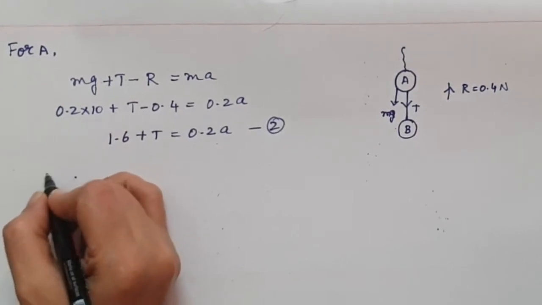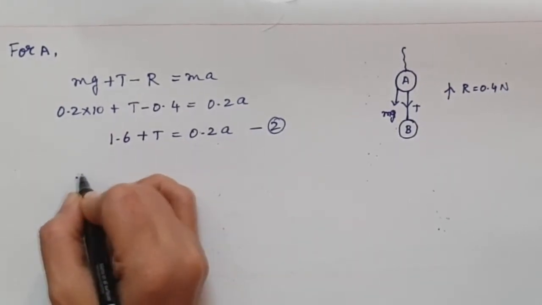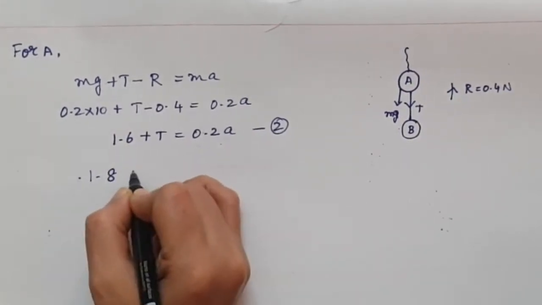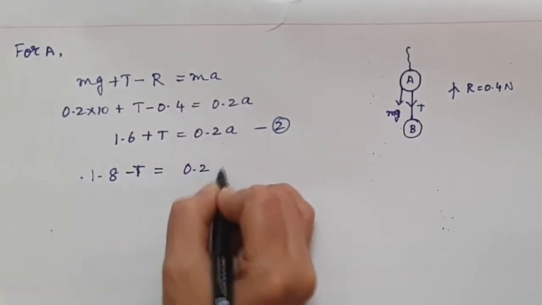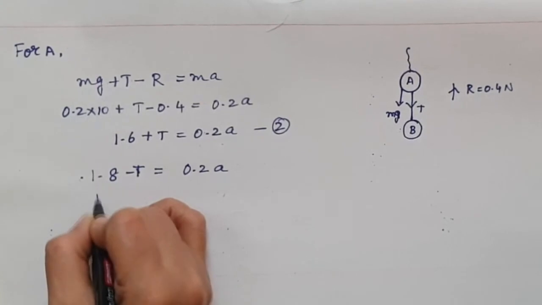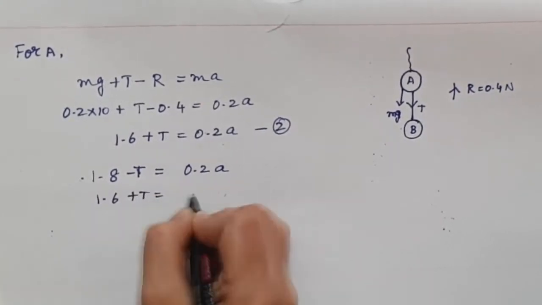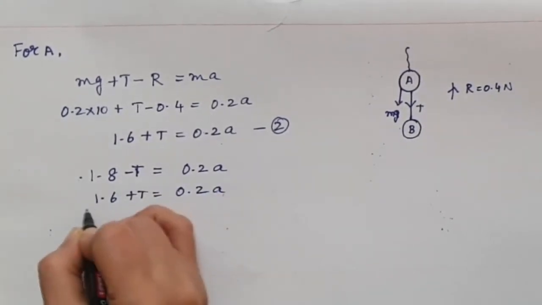Now solving 1 and 2 simultaneously. I'll write out both equations: 1.8 minus T equal to 0.2 A and 1.6 plus T equal to 0.2 A.